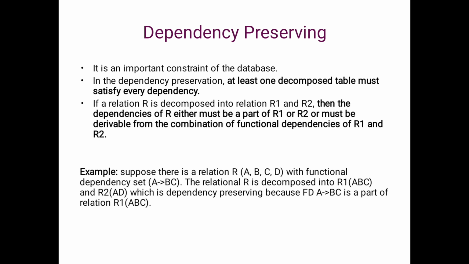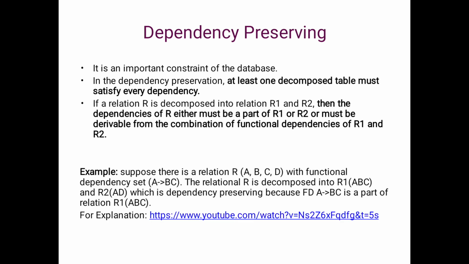In the first table I will consider the fields A, B and C. In the second table I will consider the fields A and D. Now please check what functional dependencies are available in the first table and what functional dependencies are available in the second table. After that, perform the union operation of R1 and R2. Definitely we get A implies BC, then only this satisfies the dependency preserving condition, otherwise it is not dependency preserving.